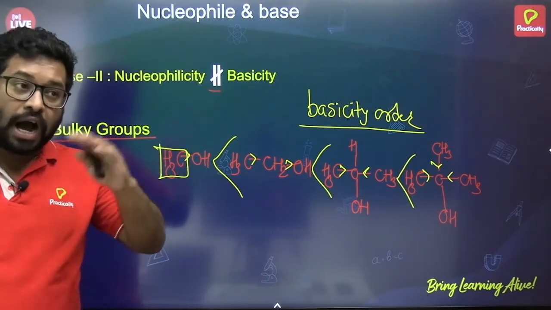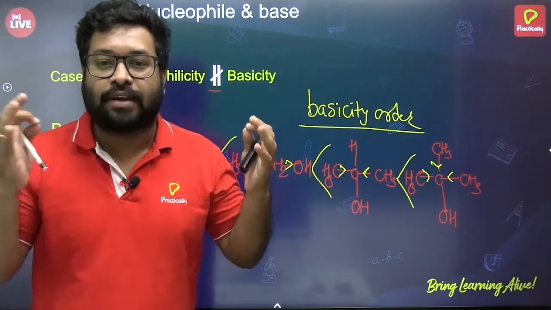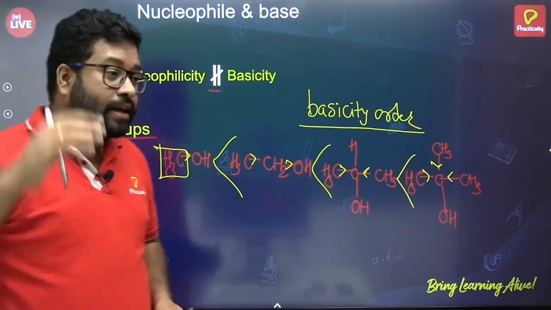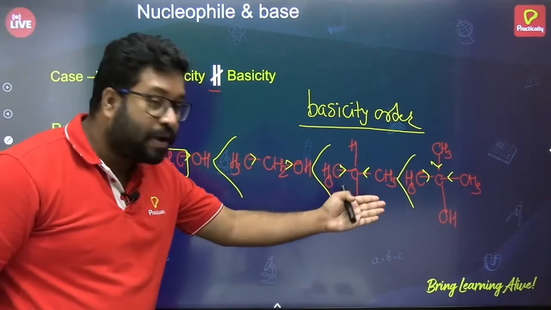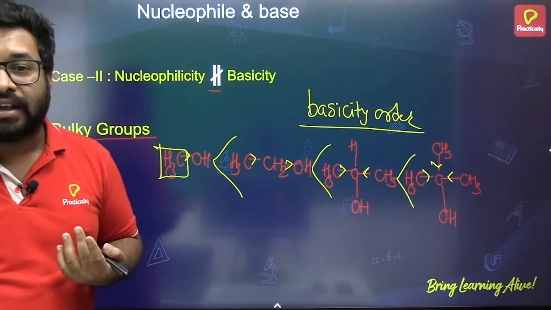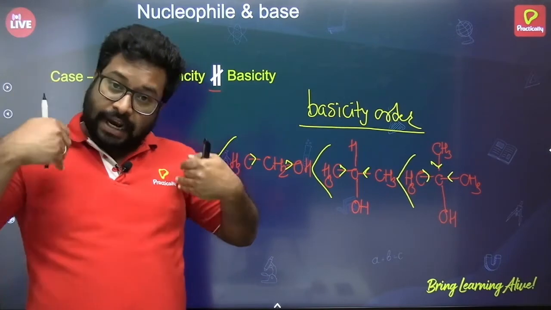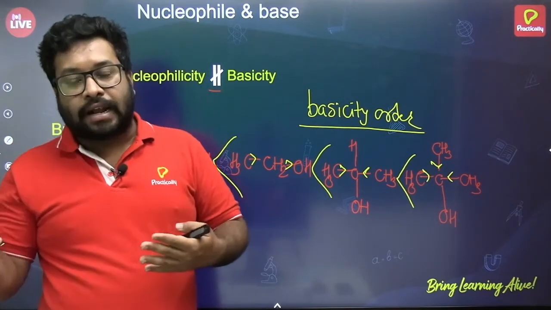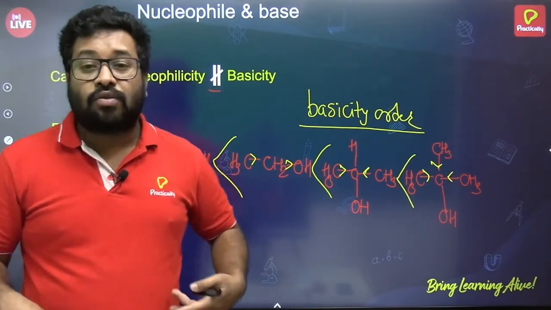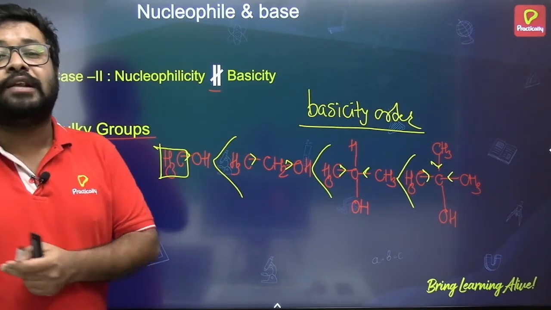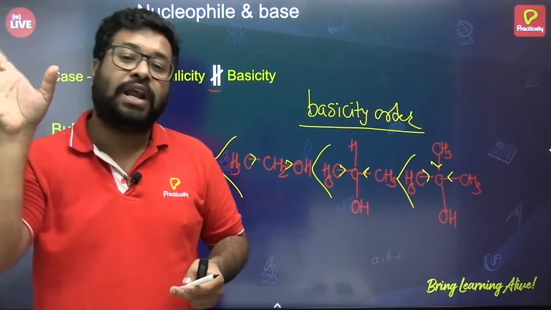Now, I told you how the effect of structure was affecting SN2. That was only the substrate. Imagine if I take this much bulky nucleophile, how would it attack? Even if you don't take a bulky substrate, the nucleophile is bulky now. How would it attack? So it will prefer to abstract the proton only and depart.